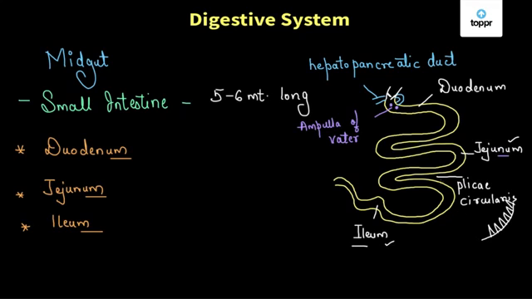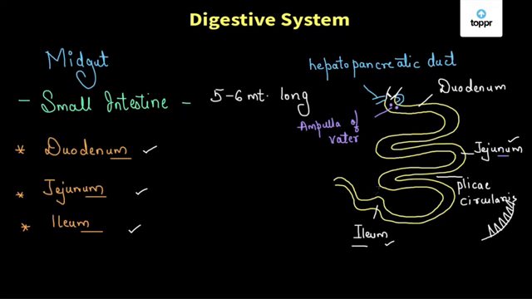So this was about the small intestine, which has three major parts as duodenum, jejunum and ileum. Now the small intestine is one of the most important parts of the alimentary canal, where the entire or the complete digestion take place. So the completion of digestion basically occurs in the small intestine.